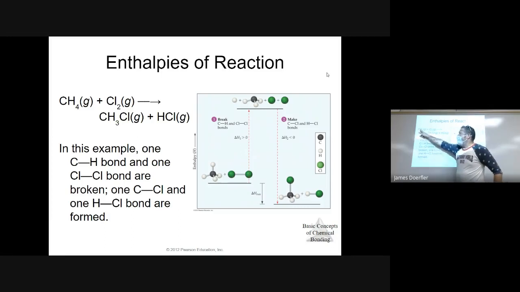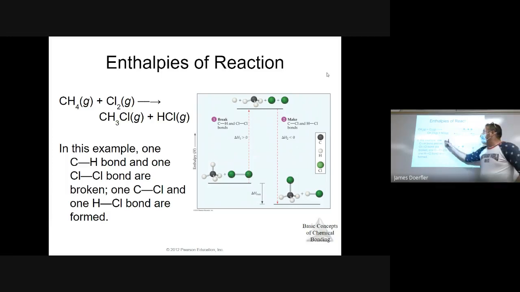And so that hydrogen that was kicked out needs a home to go to. So it finds the remaining chlorine. They say, hey, buddy, how's it going? They come together and form a compound.